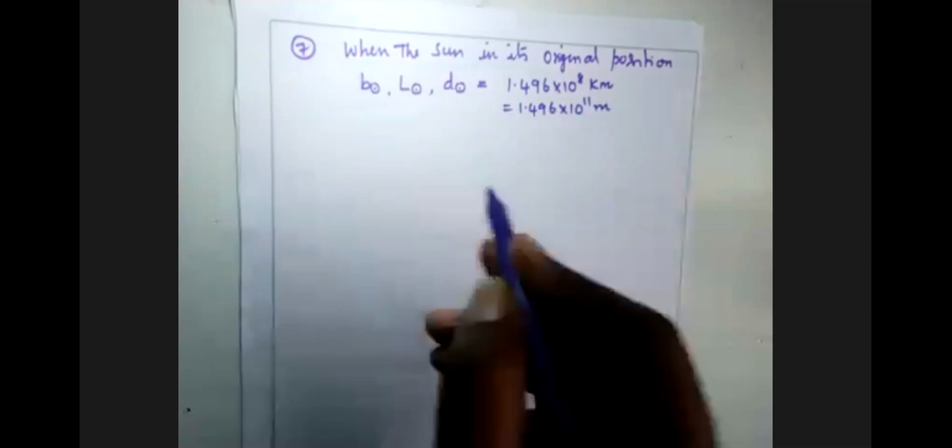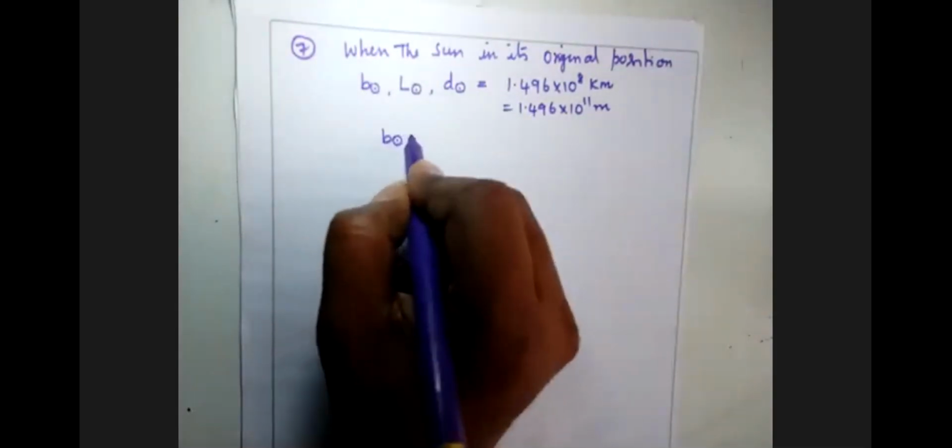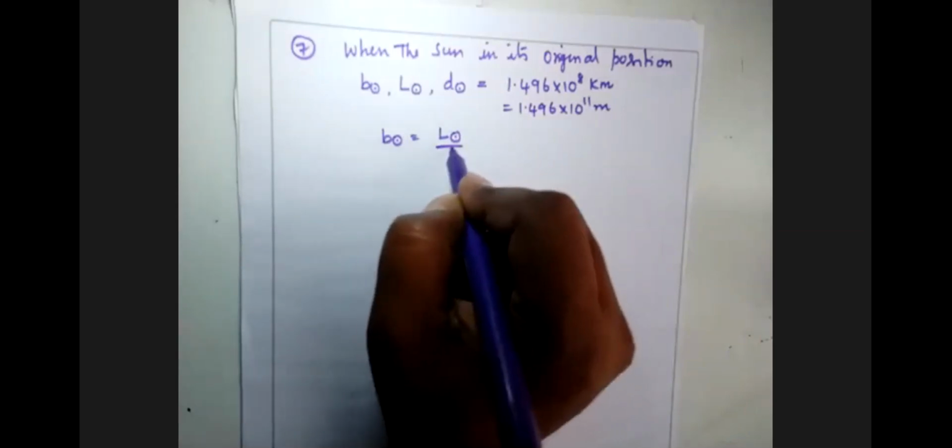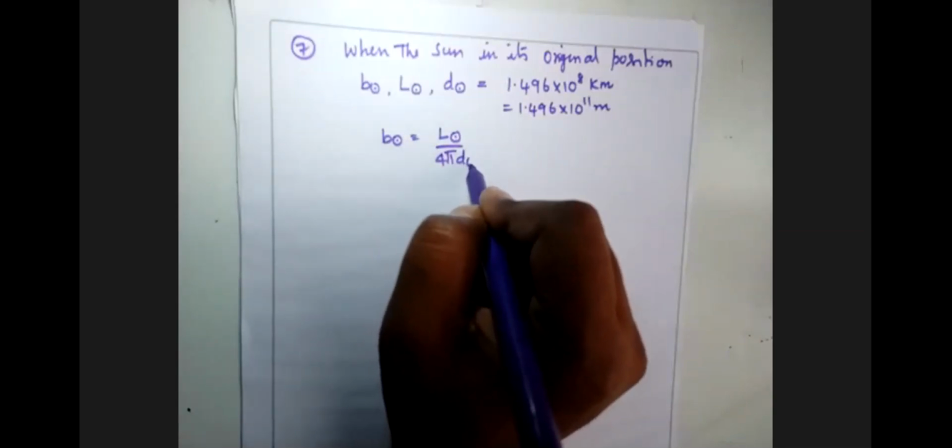The relation between these three parameters is B naught is equal to L naught divided by 4 pi D naught square. Call this equation 1.